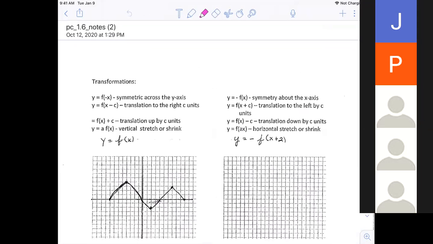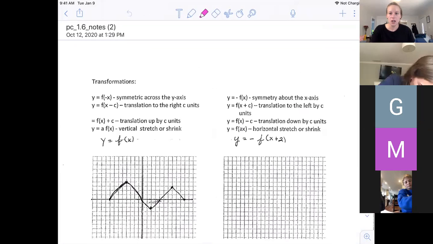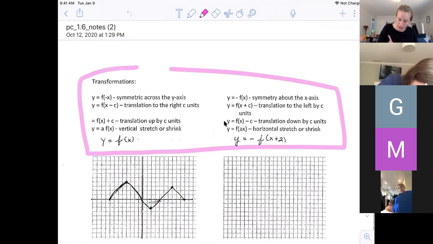So I already gave you notes on this, but you are welcome to look at this and use these as kind of a key. If it's a negative on the outside, it means it's symmetric about the x-axis. We've already talked about that, but that's a nice reminder. Or if it's minus C at the end, it's moving down C units. So I'm just reminding you of some of the important stuff.